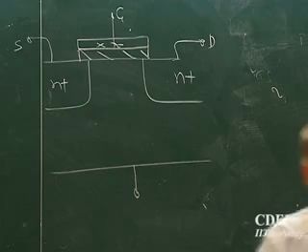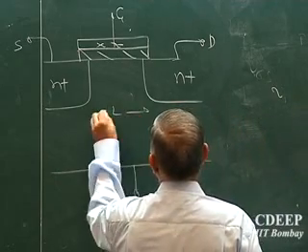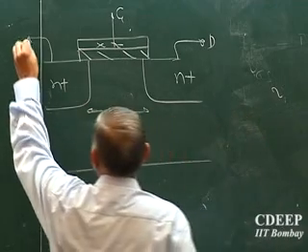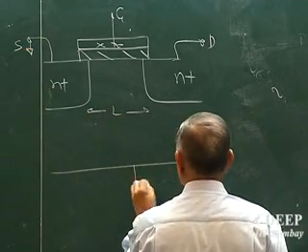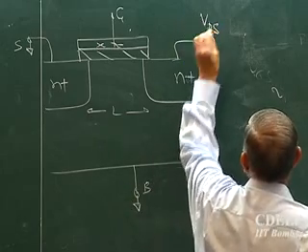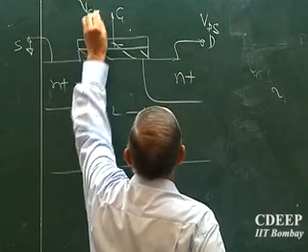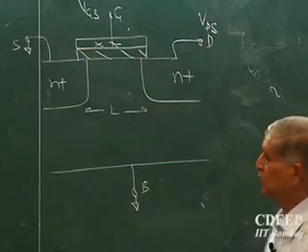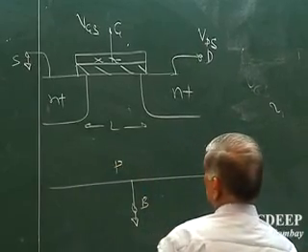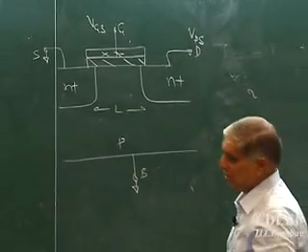Okay, this as I said is channel length. Let us say source is grounded and bulk is also grounded. However, you will apply VDS and you will apply VGS. For N-channel device, let us say this is what we will do.